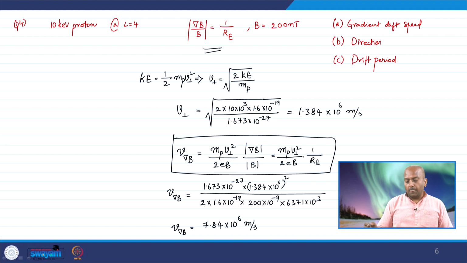This problem is entirely based on a simple formula which we derived while discussing plasma physics. This is just a typical example of which type of problems may be asked in your examination. So, now we have the gradient drift speed.